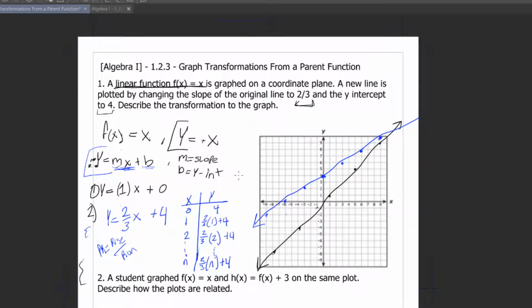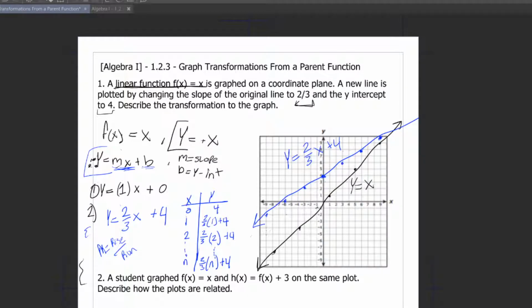Okay, so describe the transformation from y equals x, which is this one, to y equals 2 over 3 times x plus 4. First, the y-intercept increased, right?